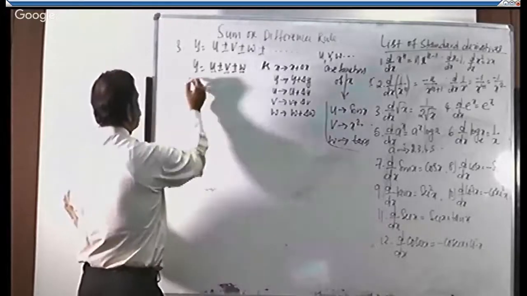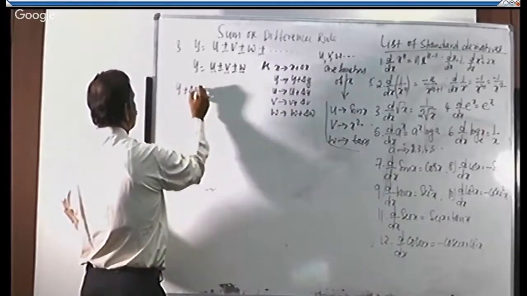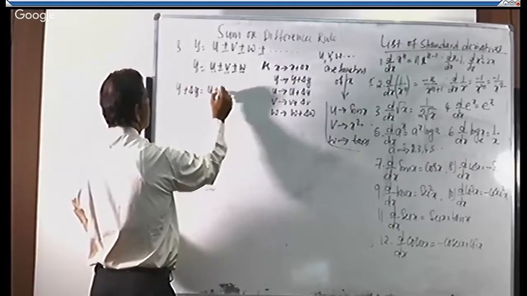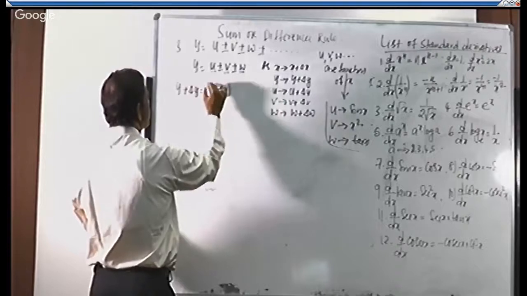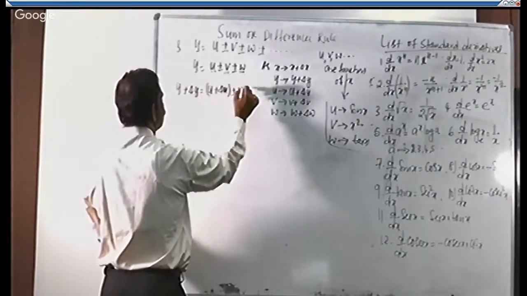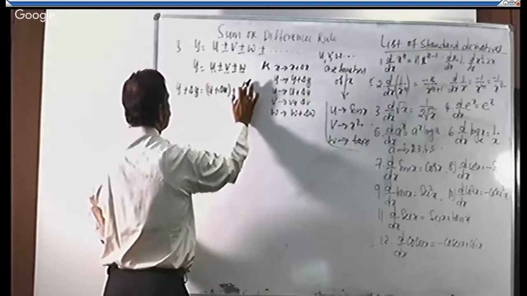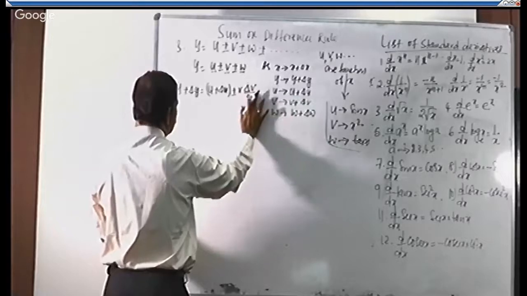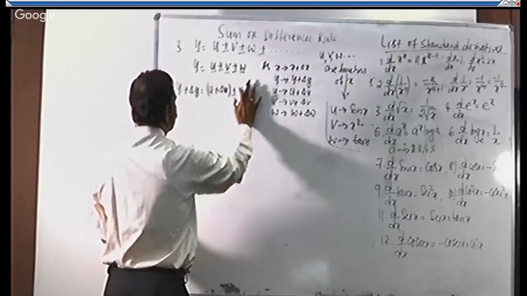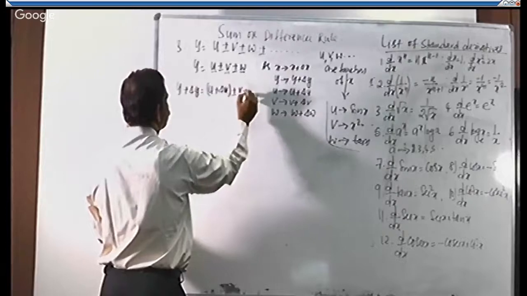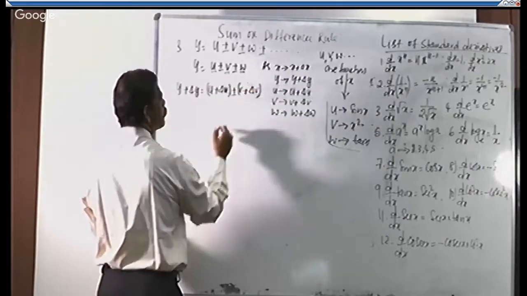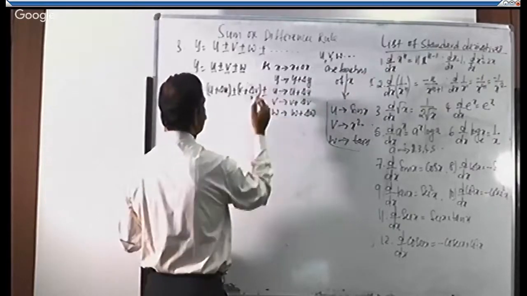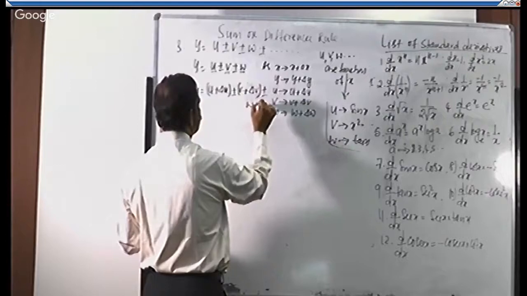Okay. Y changes to y plus delta y is equal to u changes to u plus delta u plus or minus v changes to v plus delta v. I'll take only 2, otherwise you can take more, no problem. w changes to w plus delta w.